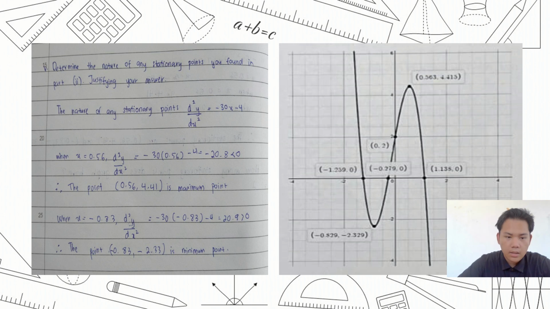When x equals negative 0.83, d squared y over dx squared equals negative 30 multiply negative 0.83 minus 4 equals 20.9, more than 0. The point (negative 0.83, negative 2.33) is a minimum point.